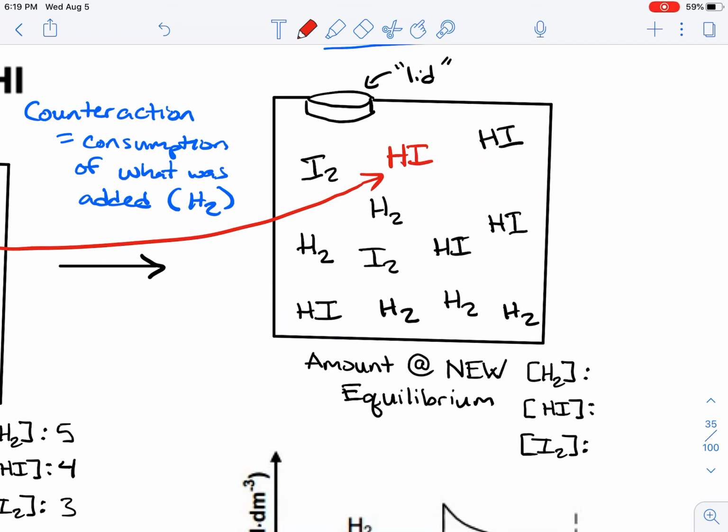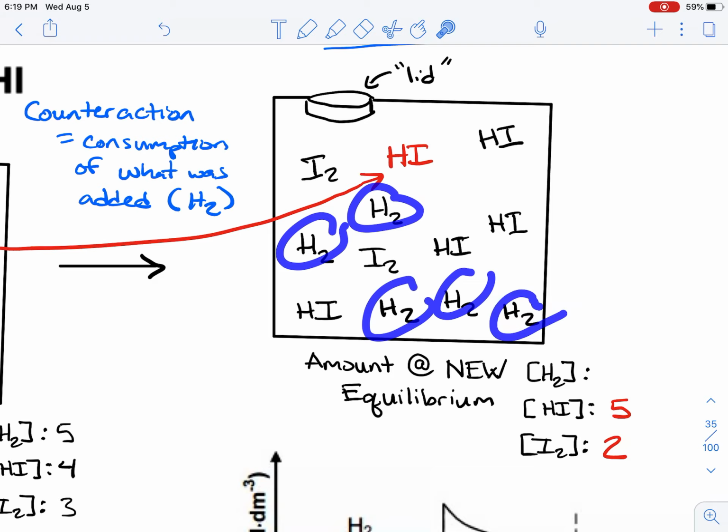So I'm going to write 5 HIs. And here I have 1, 2, and I don't see any more I2s, so I'm going to put in 2 I2s. And here I am going to see 1, 2, 3, 4, 5 H2s.